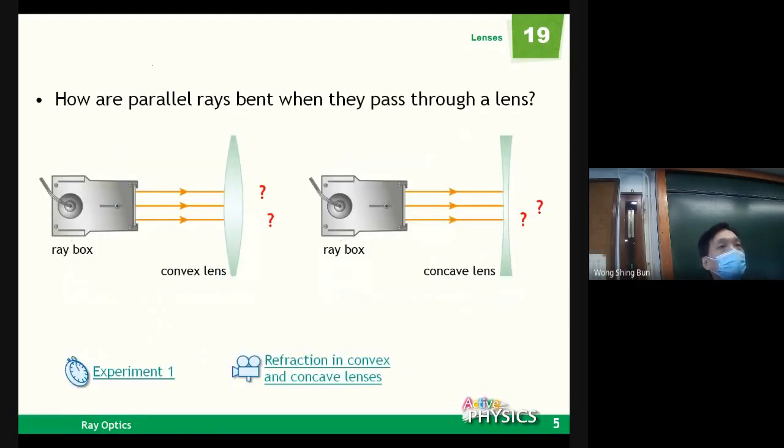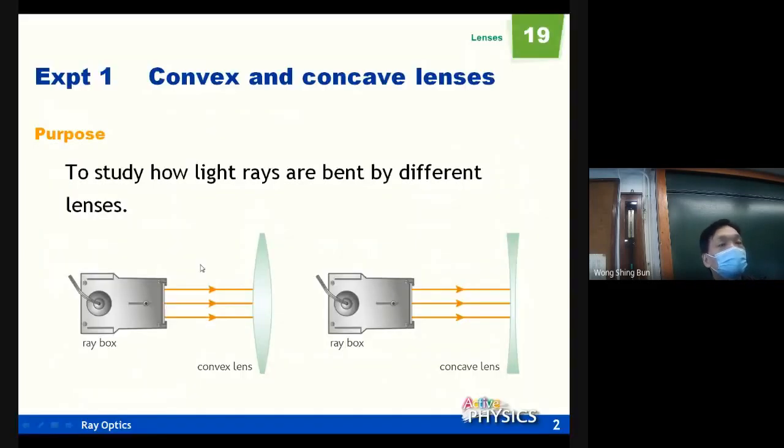Now this one. How does a parallel light bend when it passes through a lens? This one, convex and concave. Here we have an experiment. This one, convex and concave.